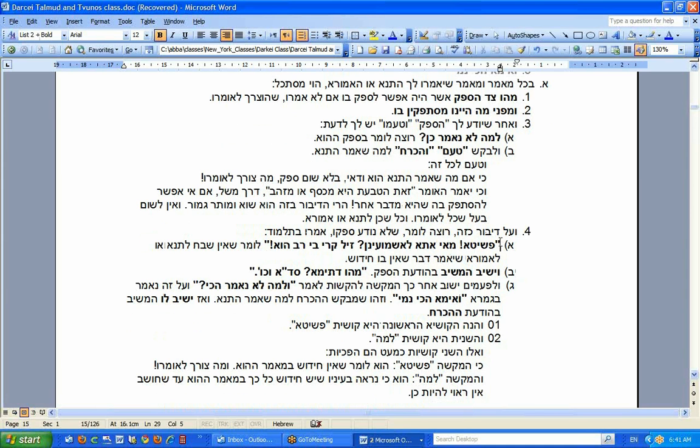Whenever we see a statement where we don't understand the alternative position, the Gemara says Peshita. This is obvious. Go and ask the children. Everybody knows this information.